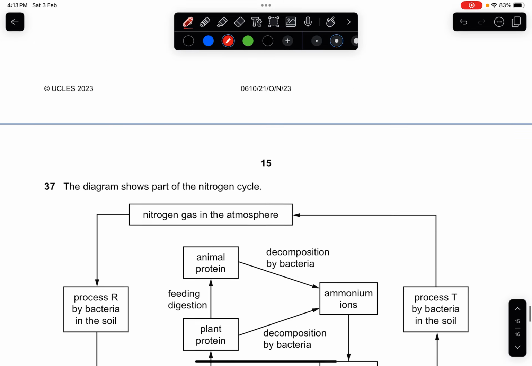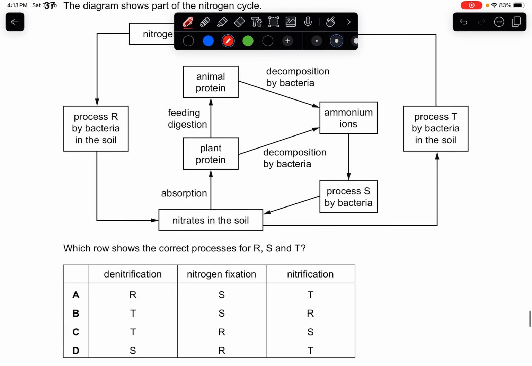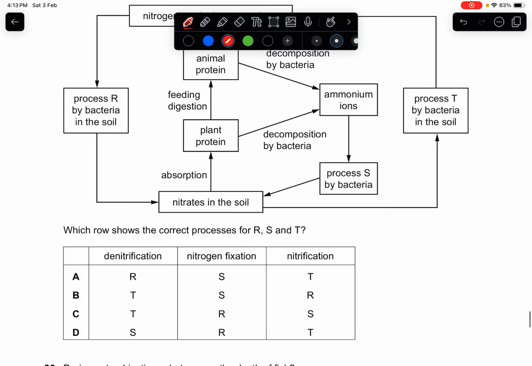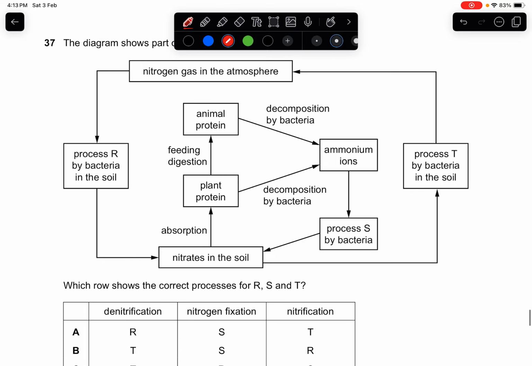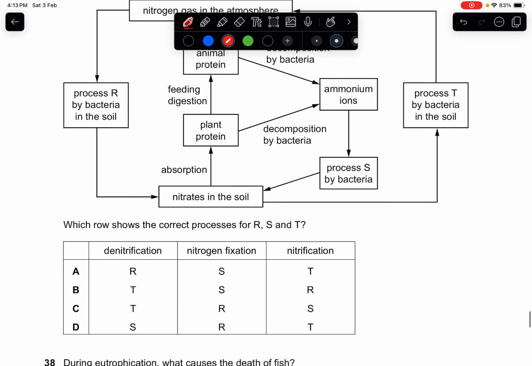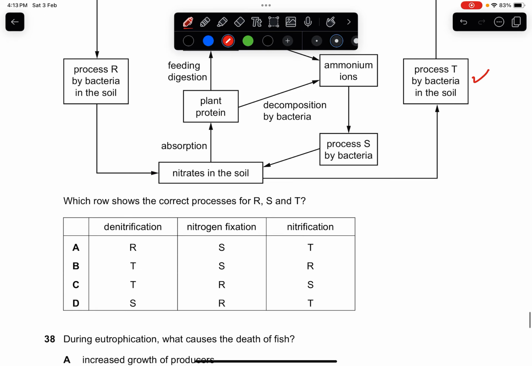Okay. Question 37. The diagram shows part of the nitrogen cycle. Which row shows the correct processes for R, S, and T? Let's say denitrification. It's when it goes back to the sky into nitrogen gas already. So if you can see, it should be process T. So this is out.